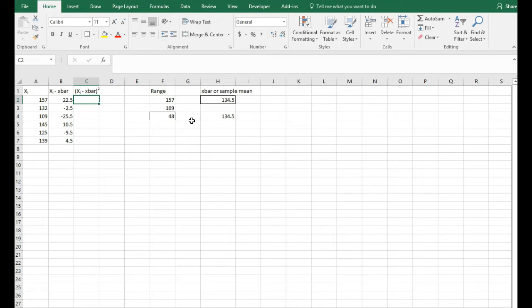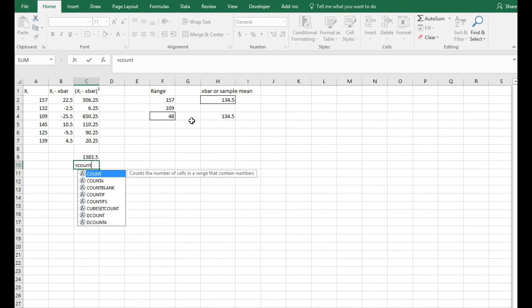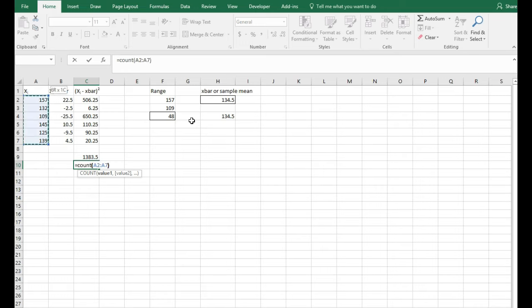So, okay, now we square that. So we just have that cell to the second power. Okay. We add those up, so sum that column. And we're going to divide that sum, because this is a sample, not by n, but by n minus 1. So we're going to divide it by the count of this minus 1.